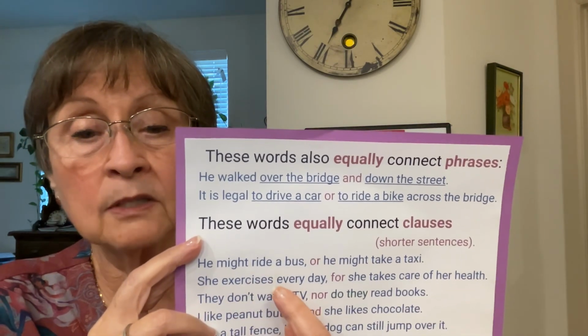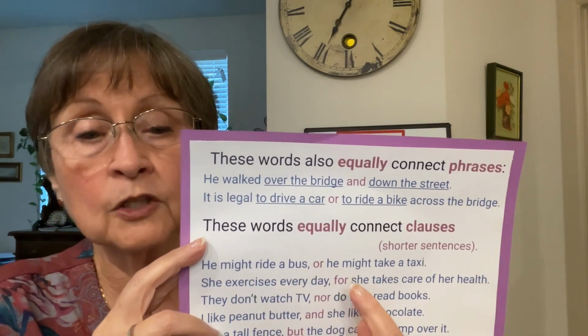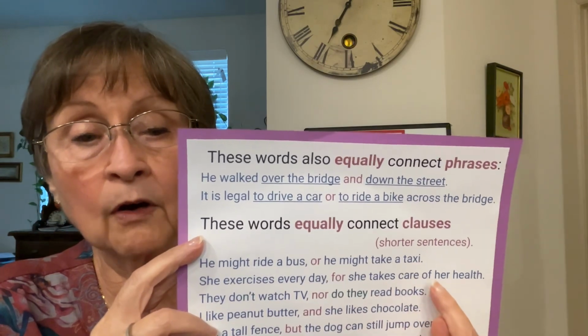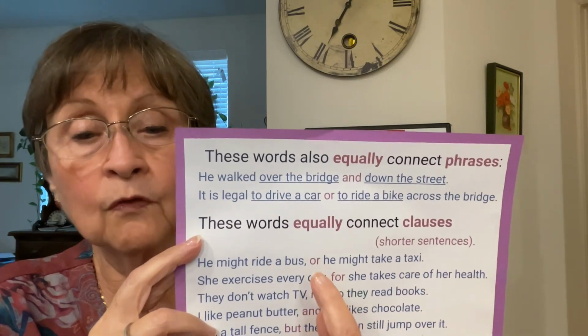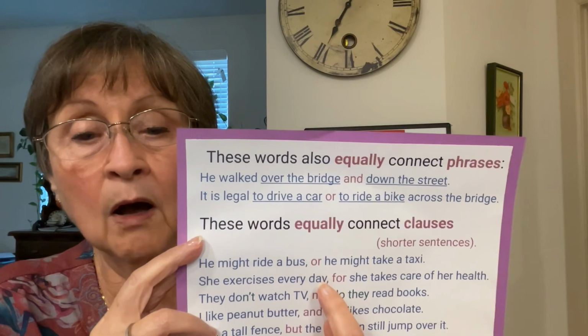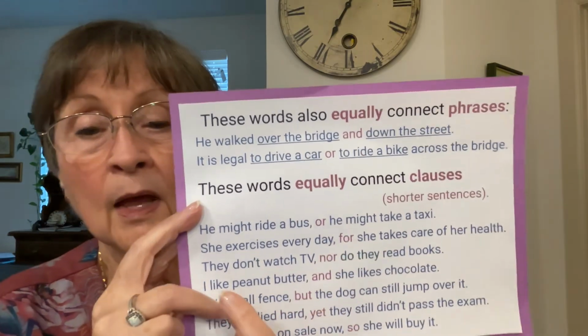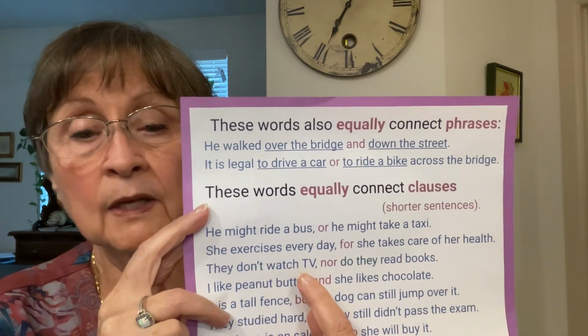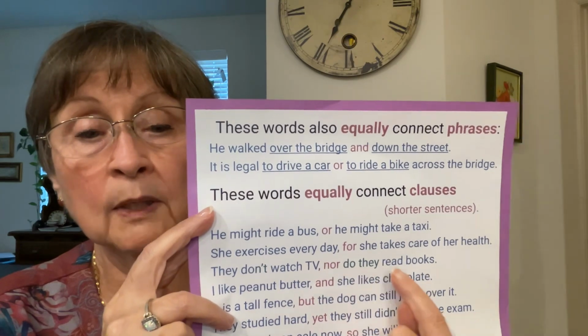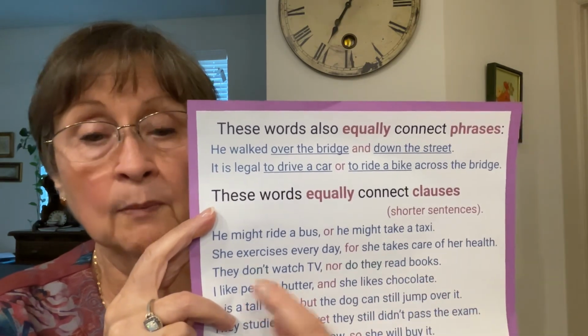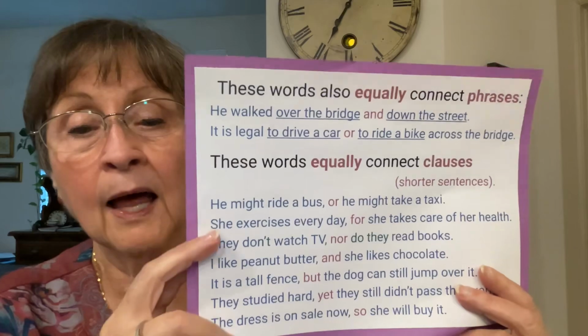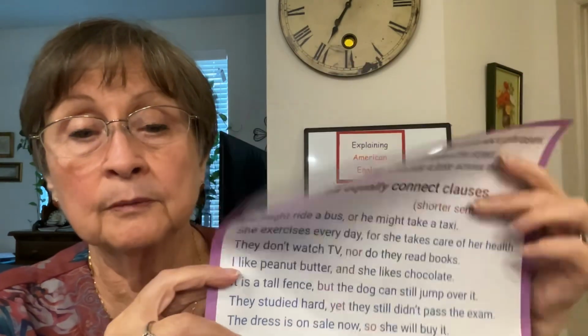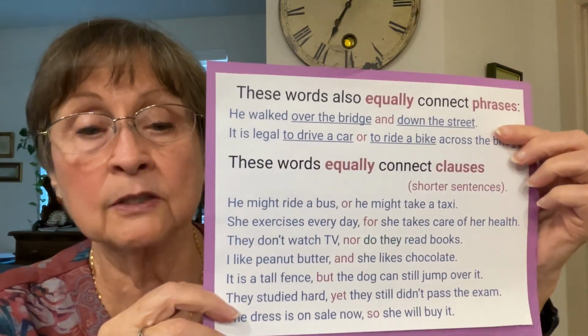She exercises every day. She takes care of her health. And here's a for in there with a comma in place of the period. They don't watch TV, nor do they read books. Same thing. I like peanut butter, and she likes chocolate.